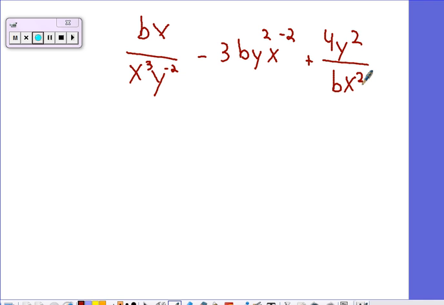Now, same exact problem, all exponents negative.